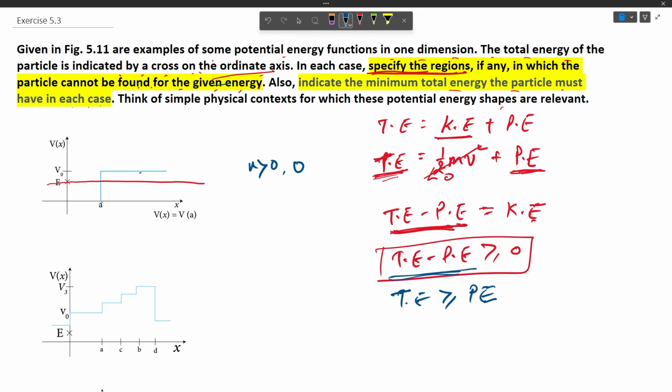Now in the second question we have the total energy. Let us draw a horizontal line again. Here we see that for the entire region, the potential energy is greater than the total energy. Now it again contradicts this expression. So we can say that for all the regions, the particle cannot be found in the given energy state.